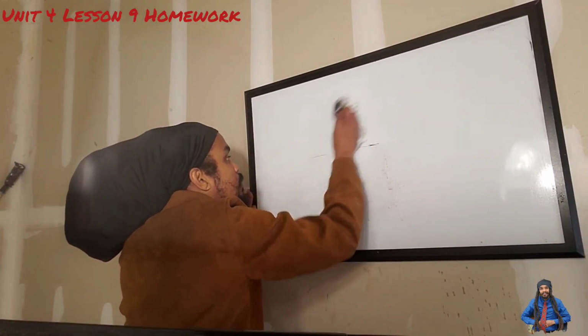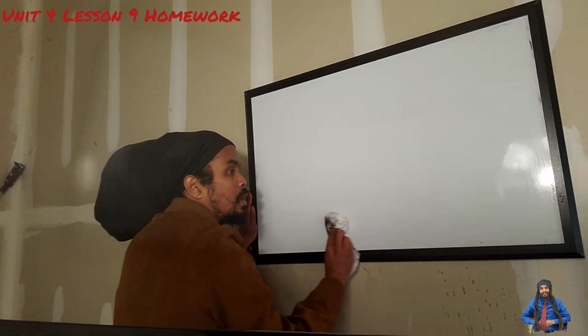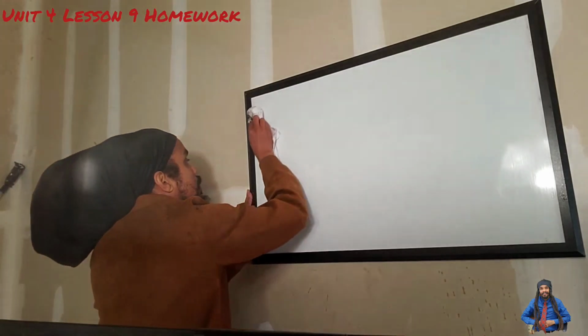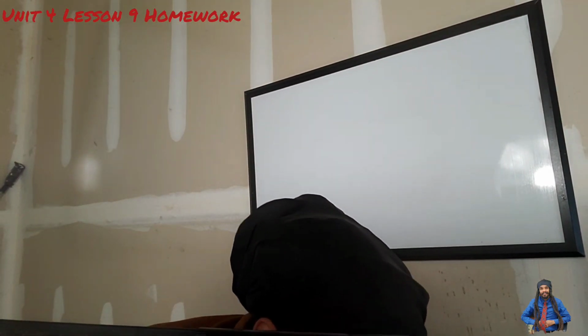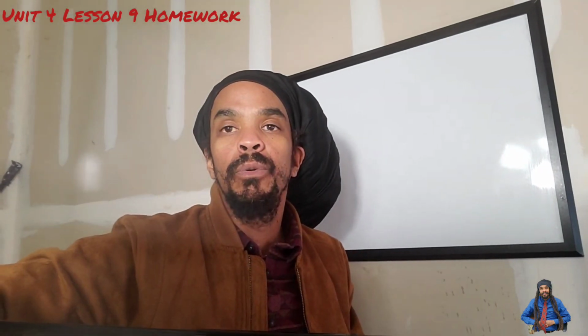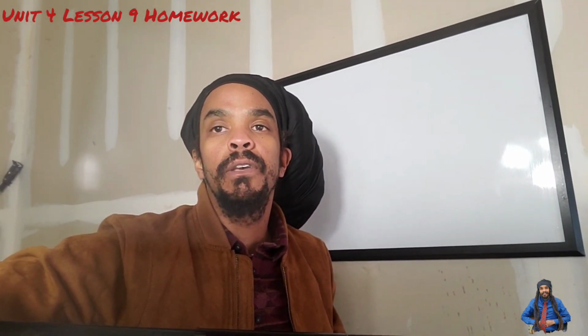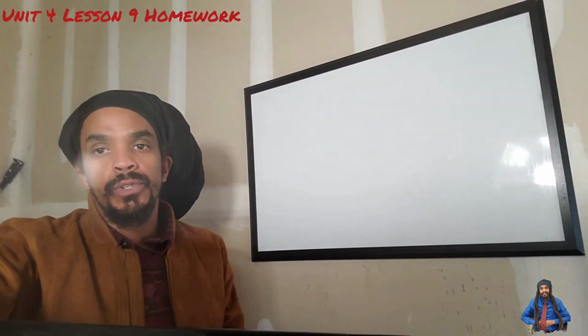So what we did: our first problem we did with the standard algorithm, 37 times 492. We did our second problem using the box method.